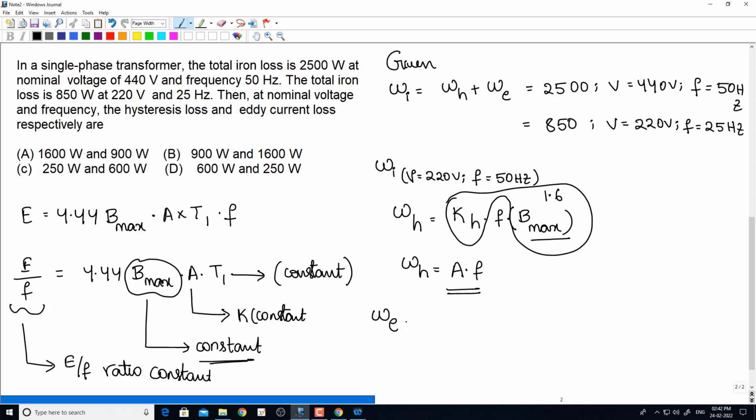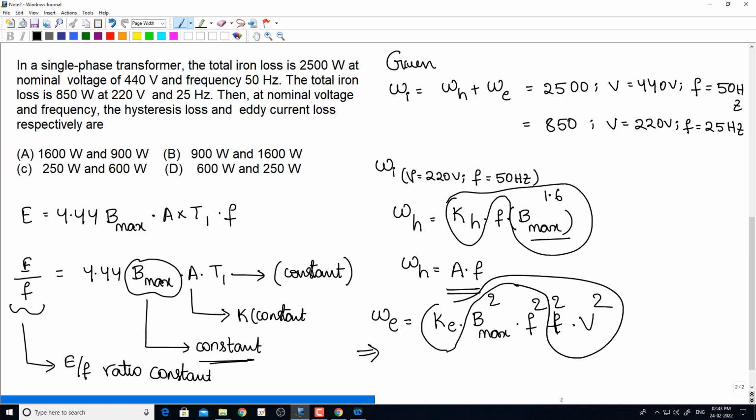Similarly, eddy current loss is given by Ke into Bmax square into F square T square into V square. So for a particular design, all these terms are constant except the frequency term.